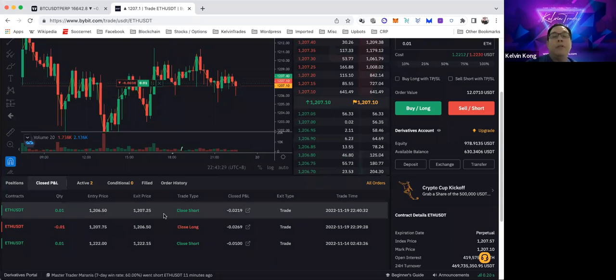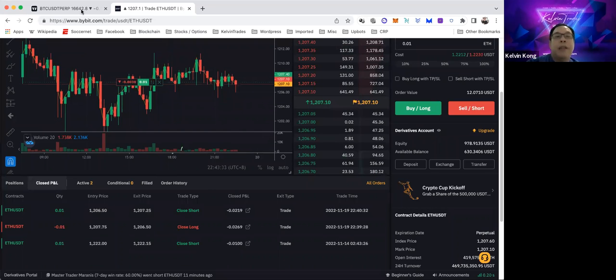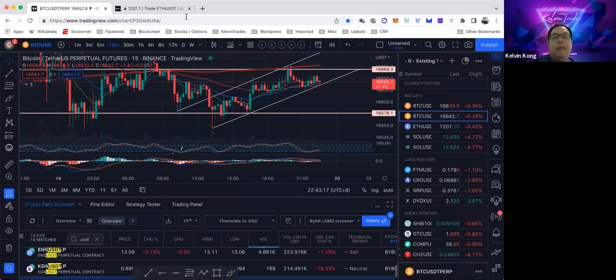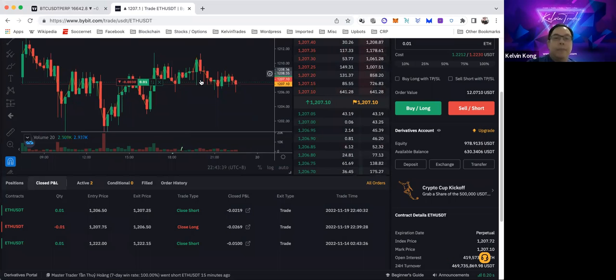You don't need a stop loss. If you want to scalp, there's no way to put a stop loss, because even if you put one, once you flip it, your stop loss will be automatically cancelled.